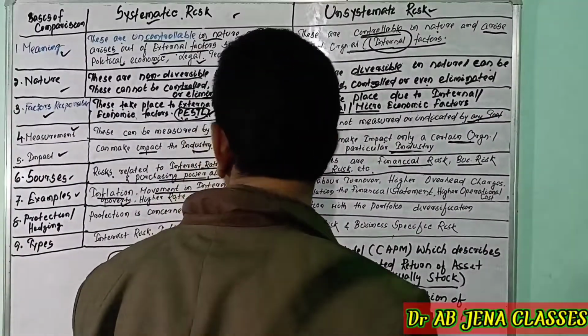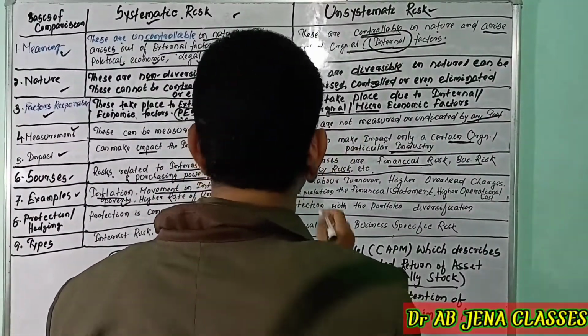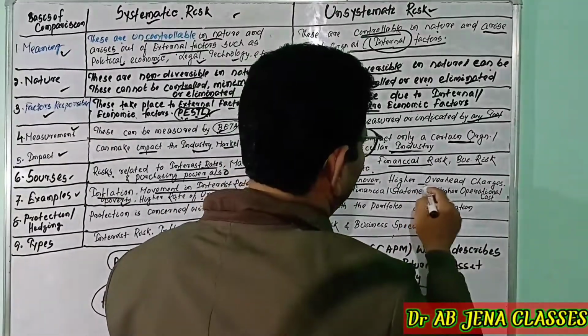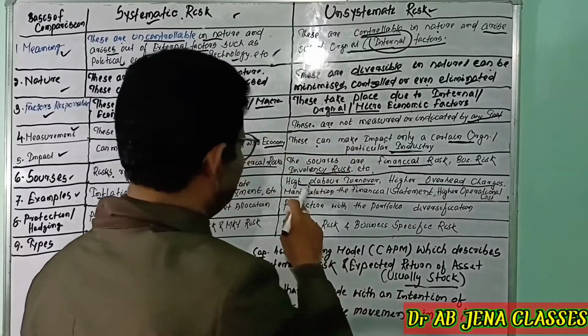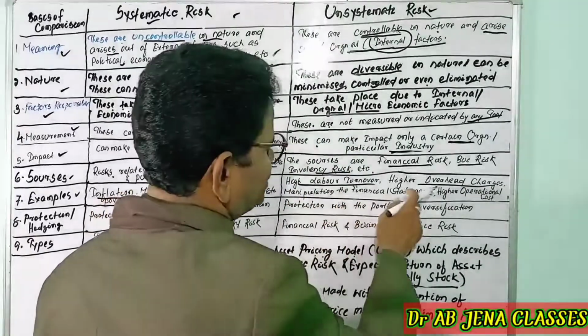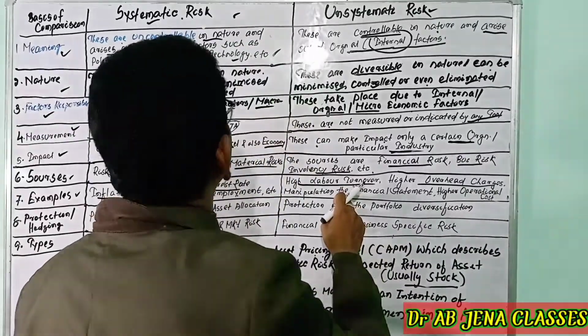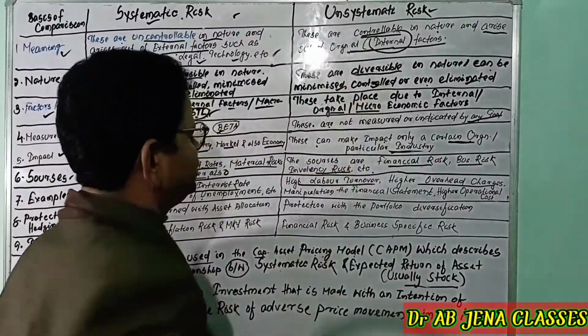What are the examples of unsystematic risks? These are higher labor turnover, higher overhead charges, manipulation of the financial statement, higher operational cost. So these are the examples of unsystematic risks.